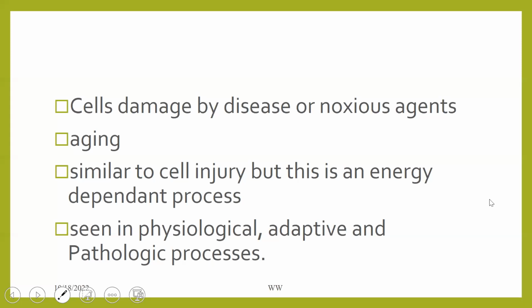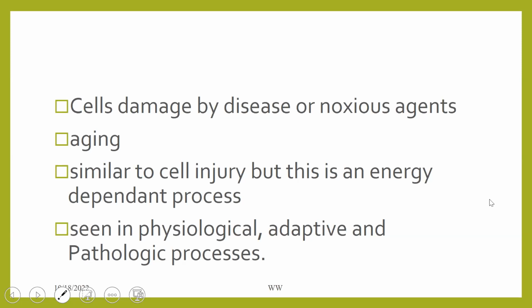Otherwise, if it doesn't happen, that will be a disease process. So because it is deliberate, it is energy dependent. And the energy that it uses is the ATP. The ATP is what is needed for apoptosis to occur.